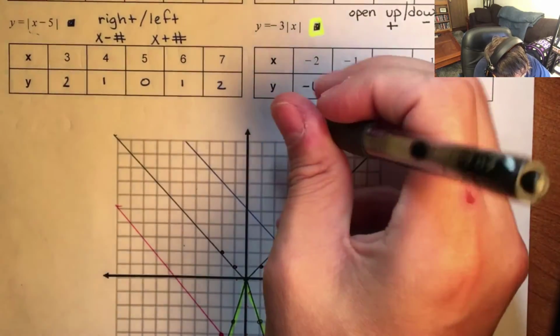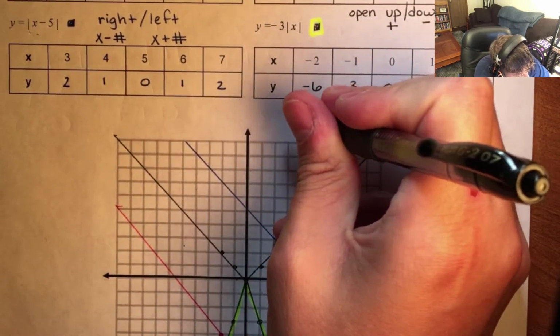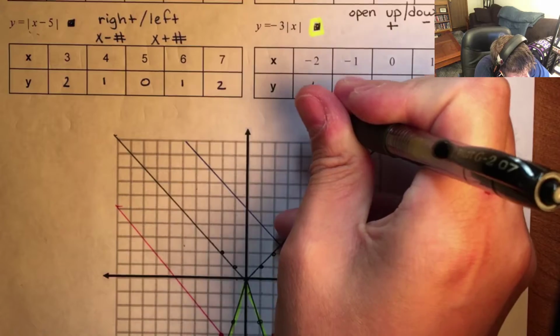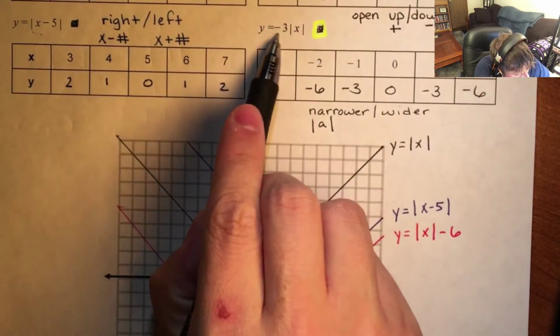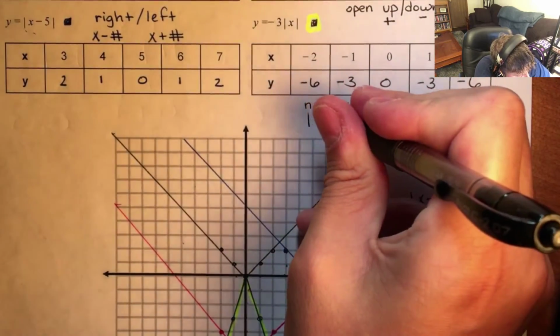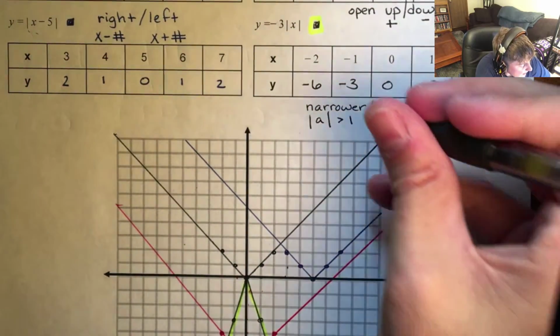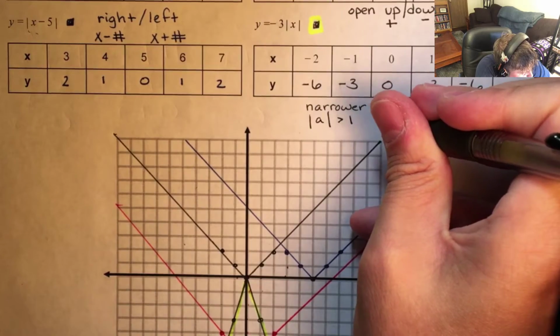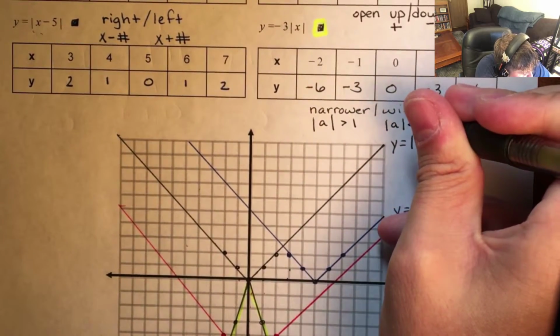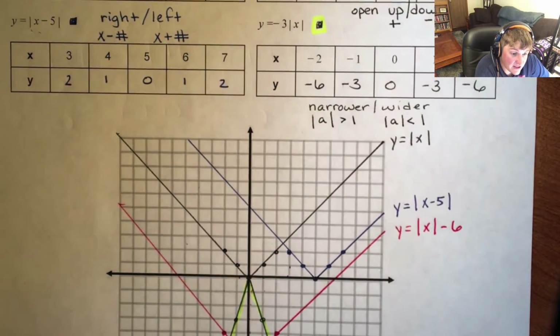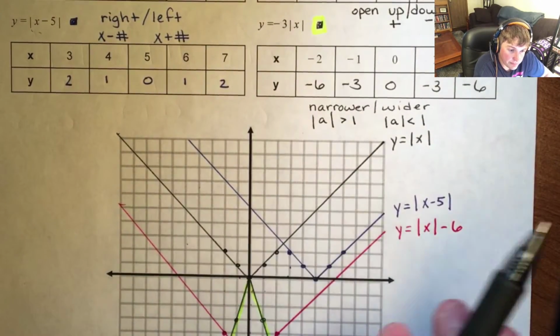So whenever the absolute value of, I'm going to call it a, whenever this value here is greater than 1, it is going to be narrower. When that value, again I'm going to call it a, and you'll see why in a little bit, is less than 1, it's going to be wider. It's going to be more gradual.